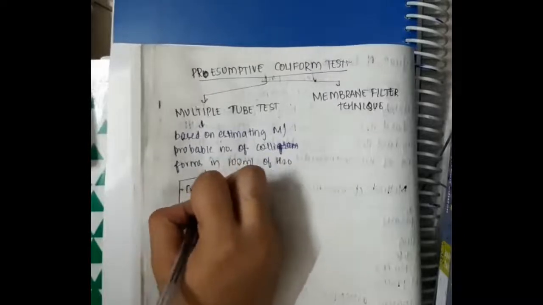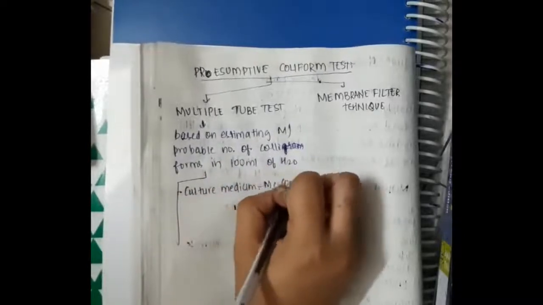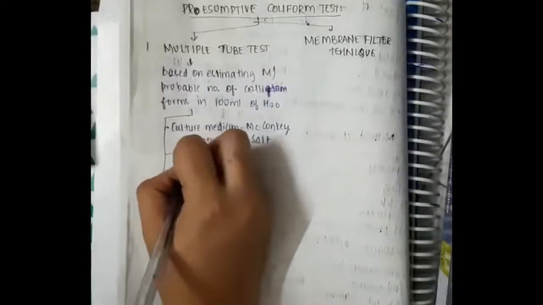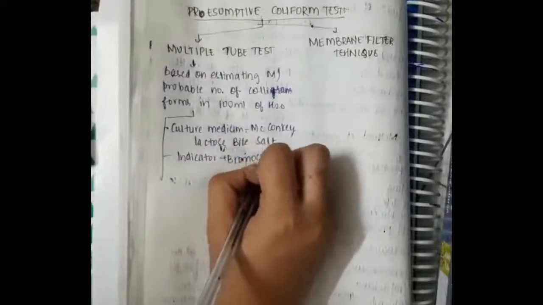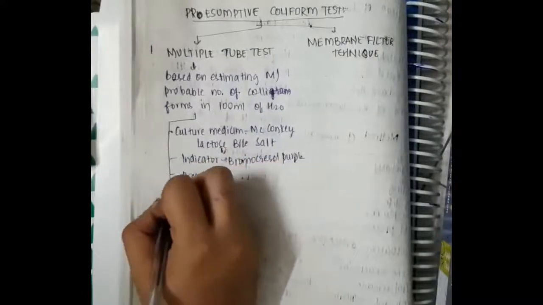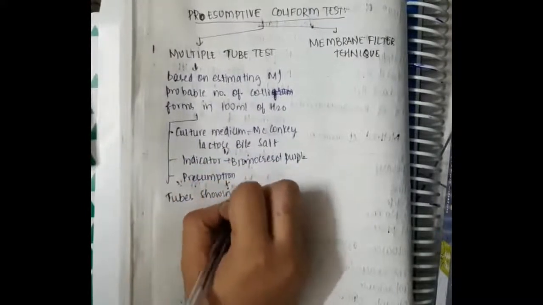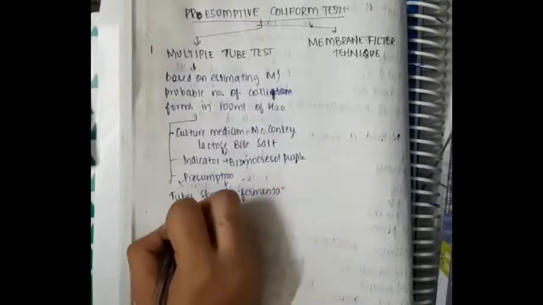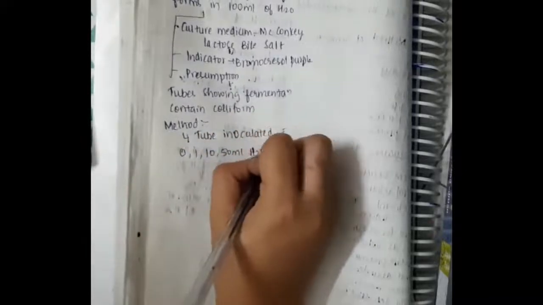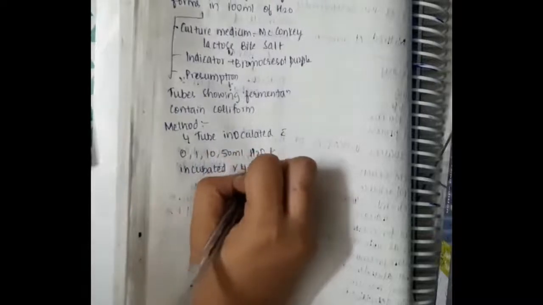The culture medium here is MacConkey lactose bile salt, with the indicator bromocresol purple. The presumption is that tubes showing fermentation contain coliforms. The method: the tubes are inoculated with 0.1, 1, 10, 50 ml of water and incubated for 48 hours.